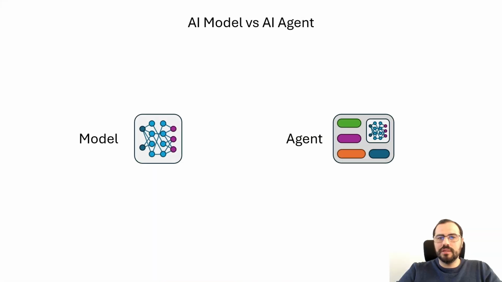Okay, so let's start with the first topic. What is an agent? And to analyze this, let's go back a bit to the model, the AI model. What is an AI model?